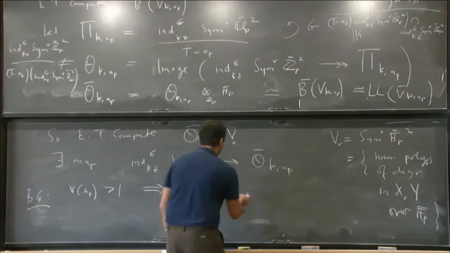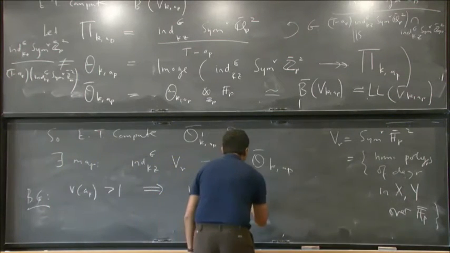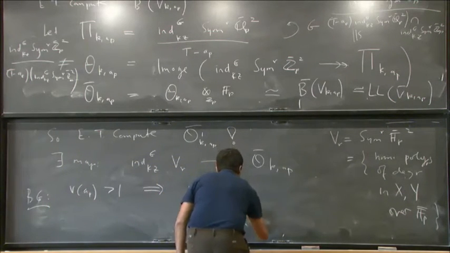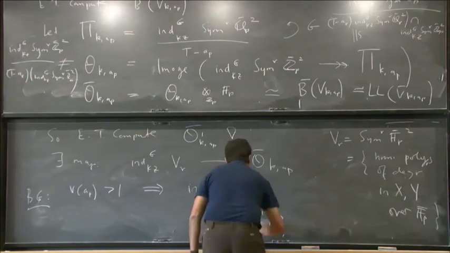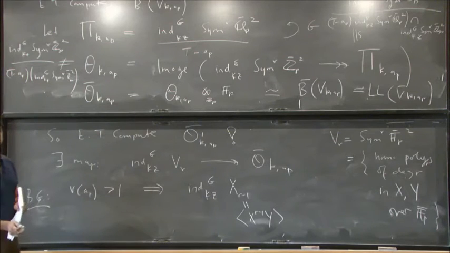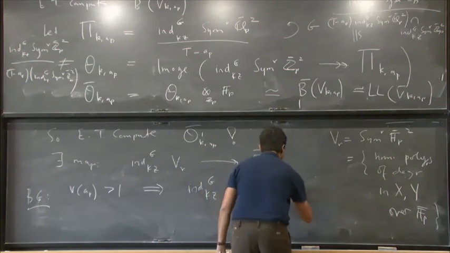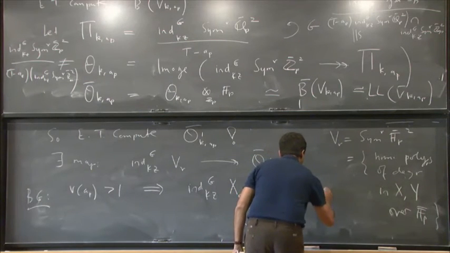Okay, so it turns out that if the valuation is bigger than 1, then you know that the following space, so this is going to be the submodule of V_r generated by the second highest monomial, is in the kernel of the map above.